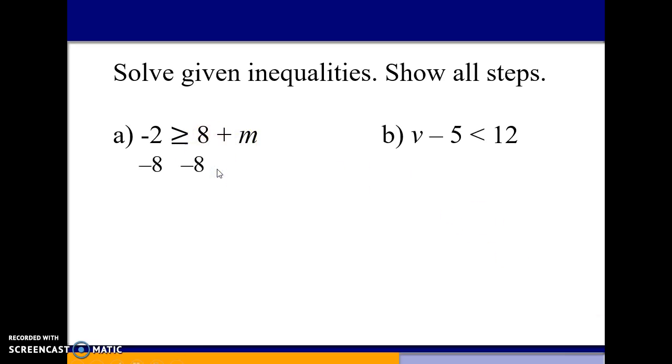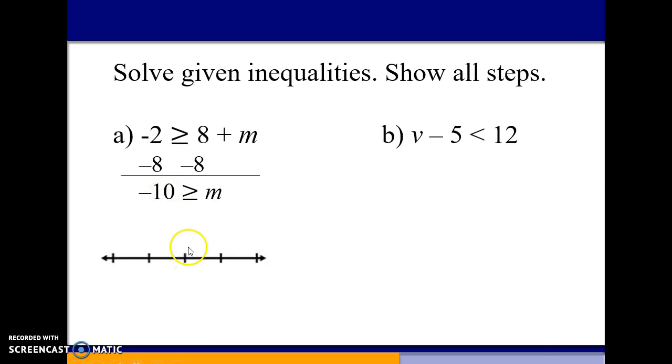We undo it by subtracting 8, and we end up with -10 is greater than or equal to m. It might be much easier to read from the variable, because then it will be more clear how to graph the solution set. m is any number less than or equal to -10.